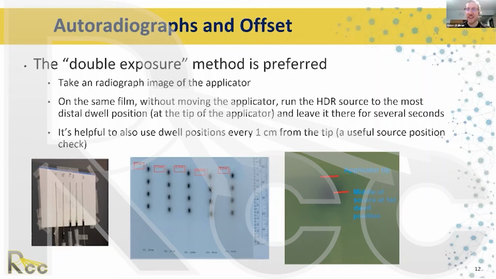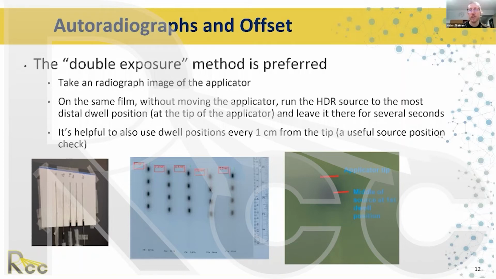I completely agree. I'll just make one more point before we move forward, about these autoradiographs and offsets. This will be a lot of the base for your treatment planning, so you want to make sure that you're getting this right. To reiterate some of Sonja's points, look in your applicator manual and see exactly what the expected offset should be for a given dwell position.